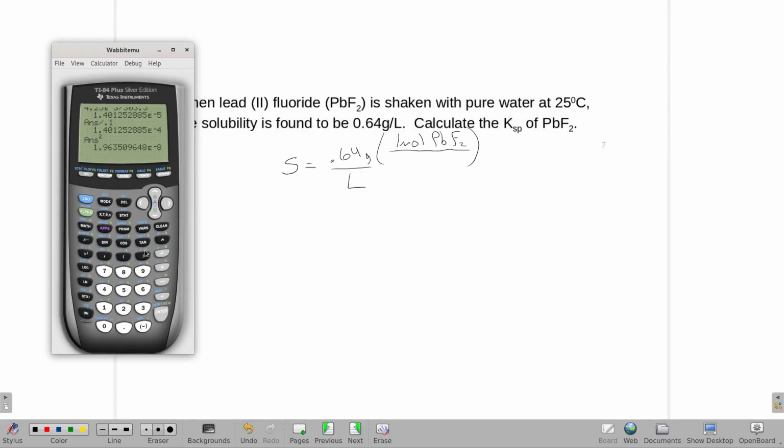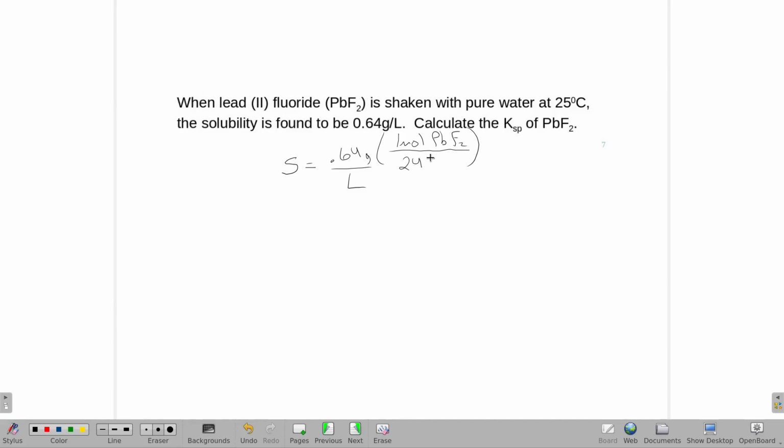Lead is still 207.2 grams, and fluorine is 19. I'm going to get a molecular weight of 245.2. Didn't have to worry about anything on the bottom because that was already liters.